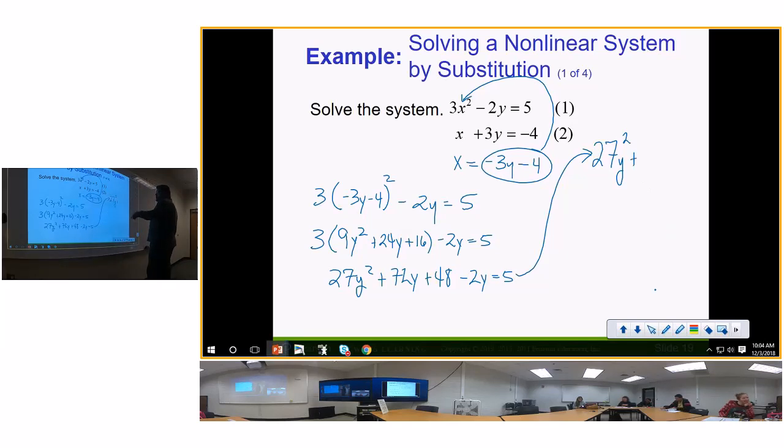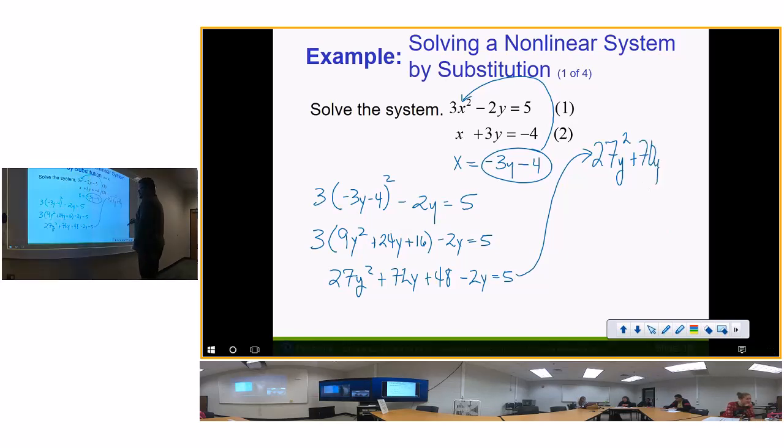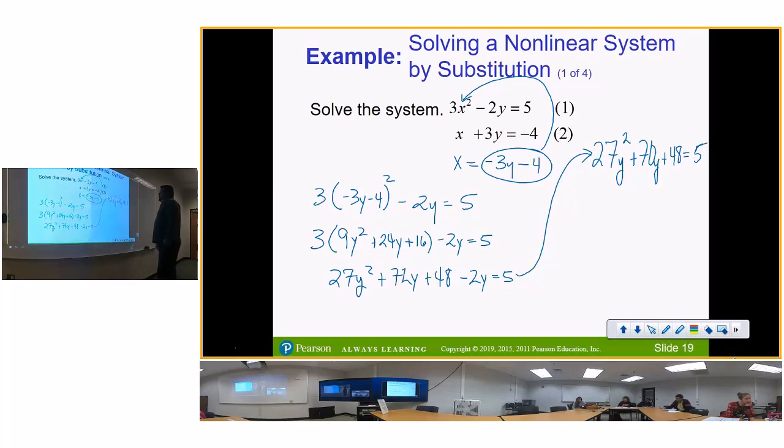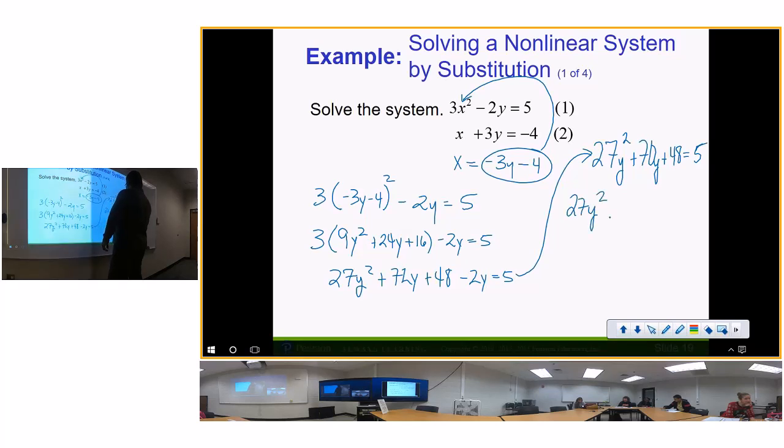72y minus 2y is what? 70y plus 48 is equal to what? 5. So 27y squared plus 70y.